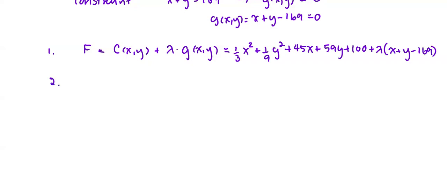Step number 2, we're gonna find the first order partial derivative with respect to x, the first order partial derivative with respect to y, and the first order partial derivative with respect to lambda.